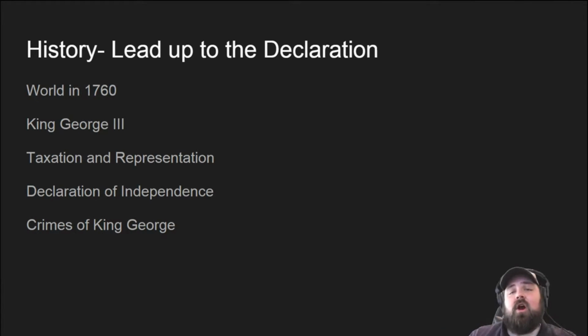So, to start, we need to look at the world as it was in the year 1760. So in the year 1760, the United Kingdom, England predominantly, was the main global force of power. They had just come off of a series of civil wars in the continent and a particular civil war within their own country.